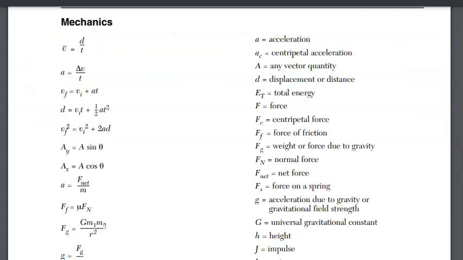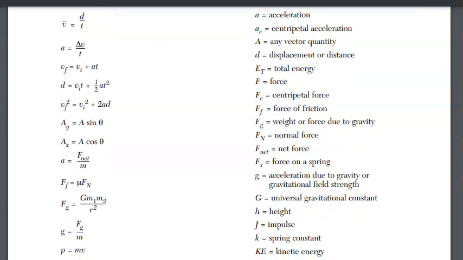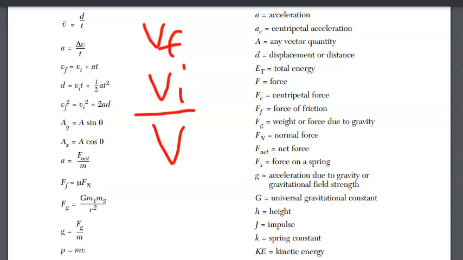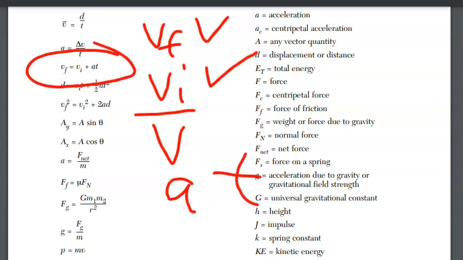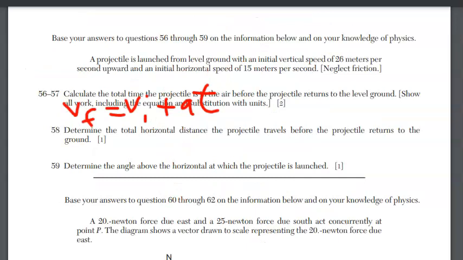Early on, students will get confused between VF, VI, and then average speed, which is V with a bar, right? So we're dealing with VF, VI, we have acceleration due to gravity, and we're looking for time, and sure enough, what fits is right here. Well, here's my equation, right? This would go on the answer booklet.